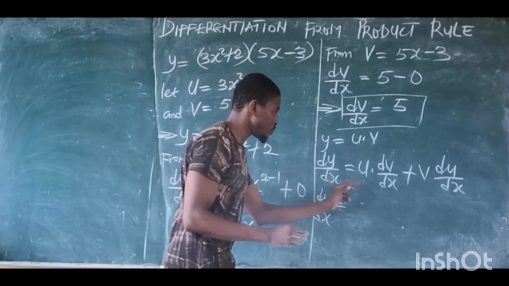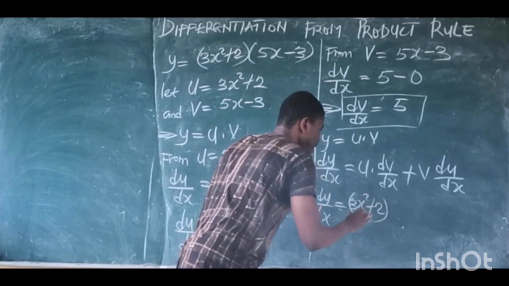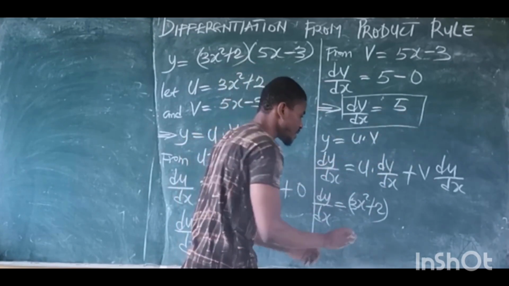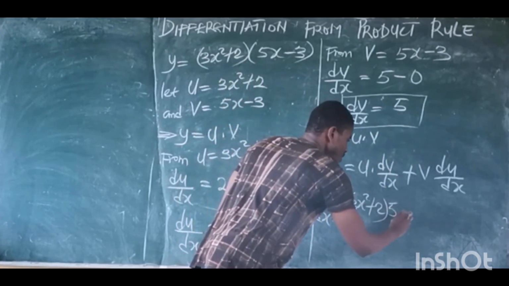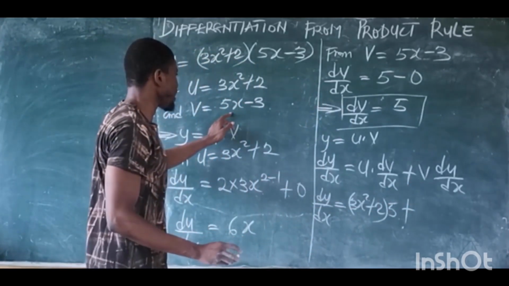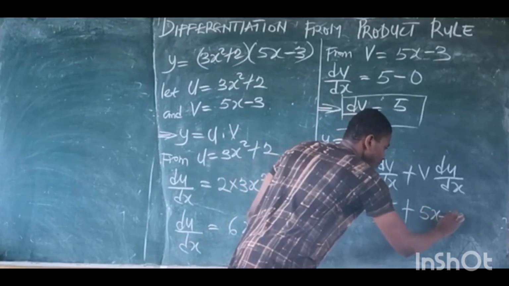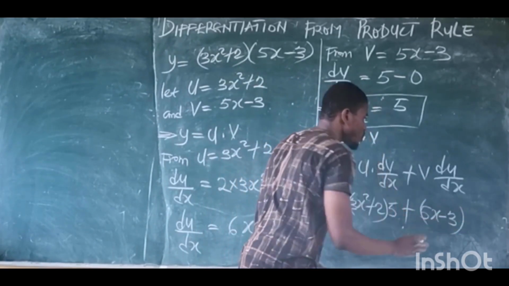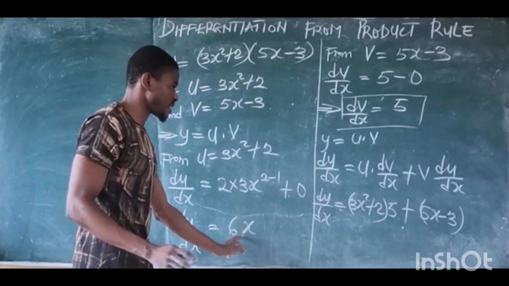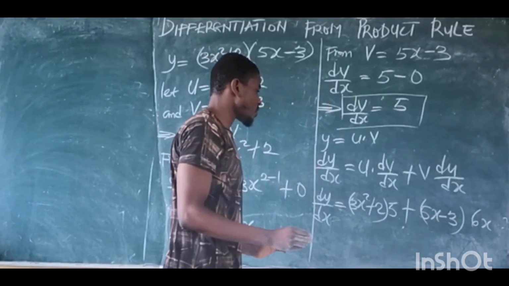So in place of u we have 3x squared plus 2, then differentiate v with respect to x, so dv/dx gave us 5, times 5. Plus now keep v constant, and v is simply 5x minus 3, so we have 5x minus 3. Now differentiate u with respect to x, so du/dx actually gave us 6x, so you have times 6x. So that becomes your derivative.